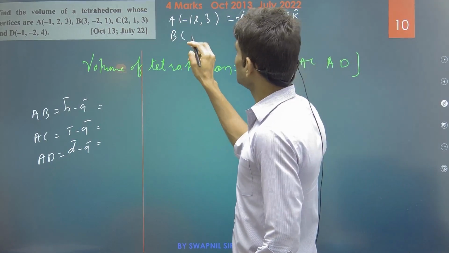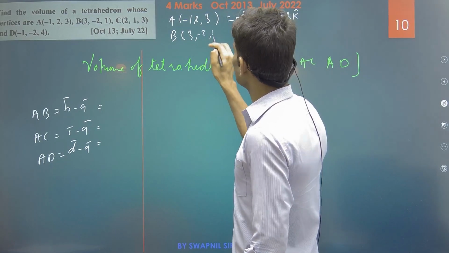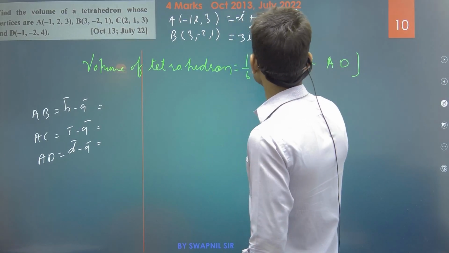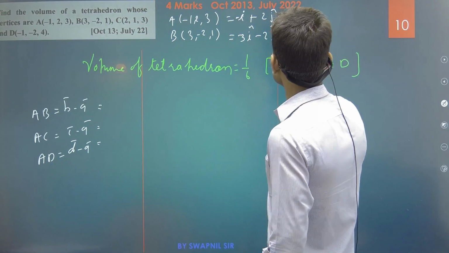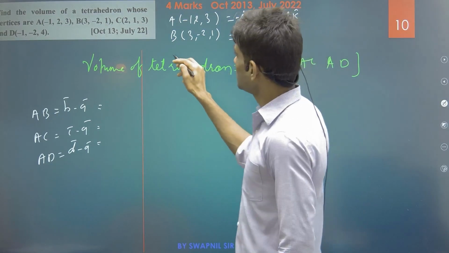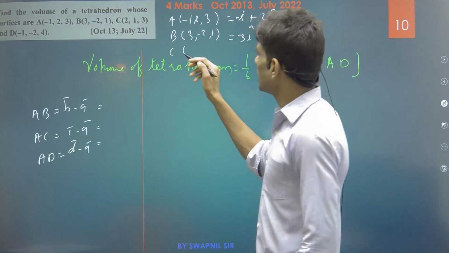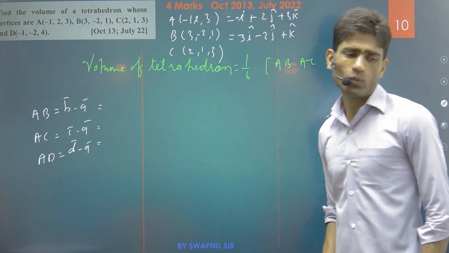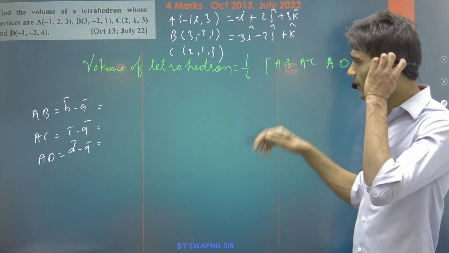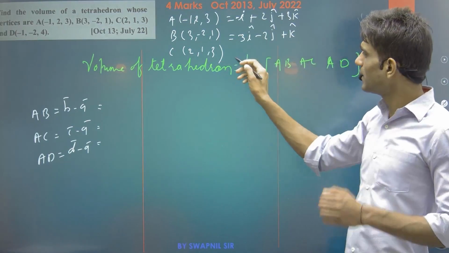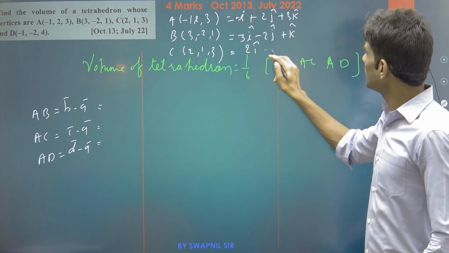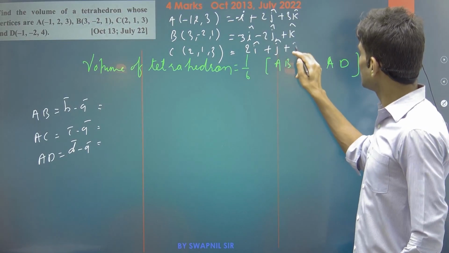Similarly, using vertex B, 3 minus 2 1, we can write 3 times I cap minus 2 times j cap plus k cap. Similarly, for the third vertex C, 2 1 3, we write 2 times I cap plus j cap plus 3 times k cap.